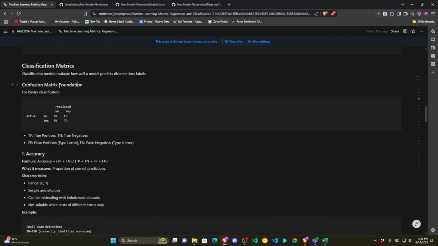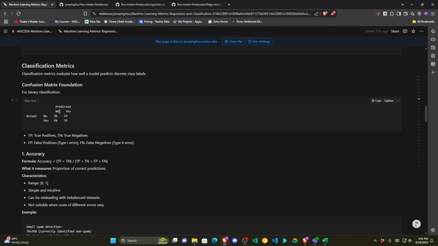So what is it all about? As I had informed you in that class that we had, the confusion matrix is like a hypothesis table where we have the true positive, the false positive, false negative, and true negative. For example, we are trying to predict if someone qualifies for a loan.